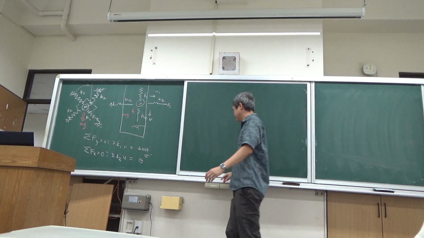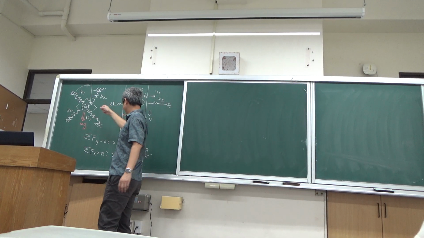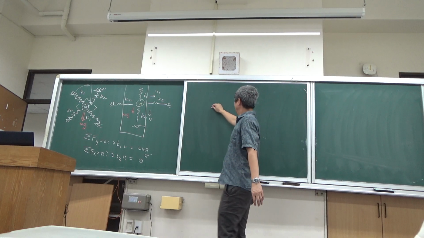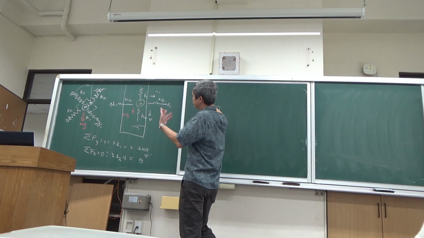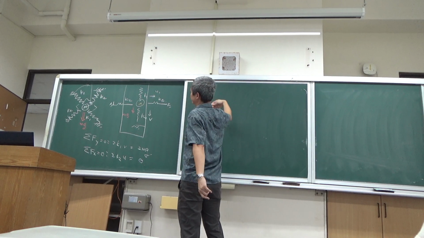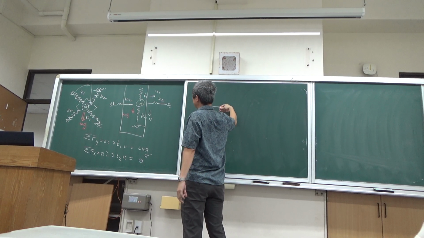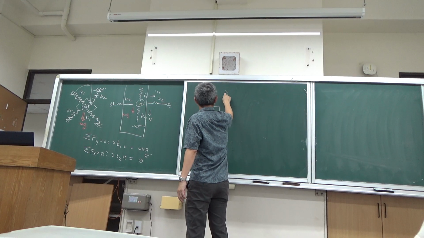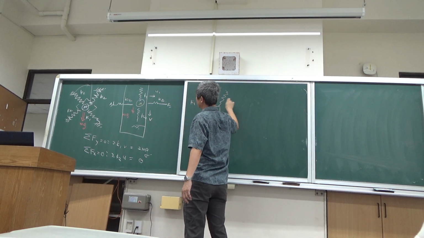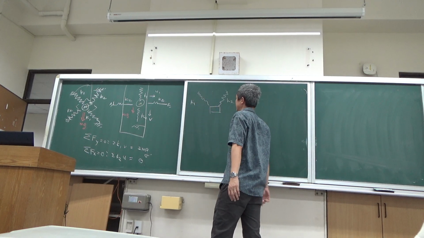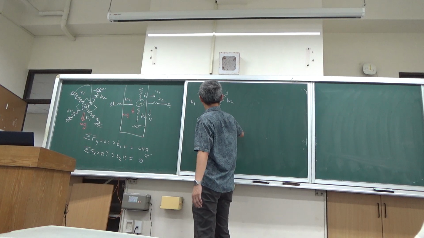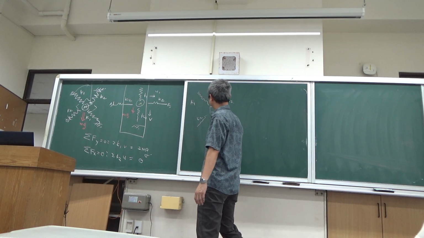Okay. So let's consider this case. So good thing here is this is going to be a diagonal symmetric system. Okay? This is the K1, this is the K2, okay? And it's going to be K2 here, K1 here.